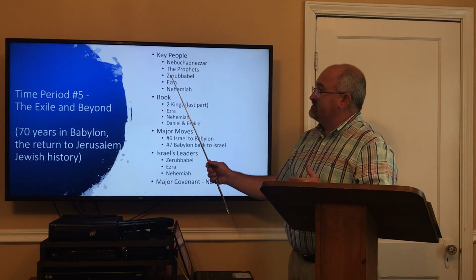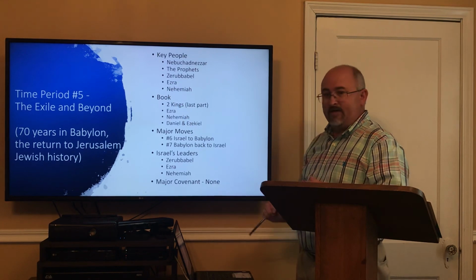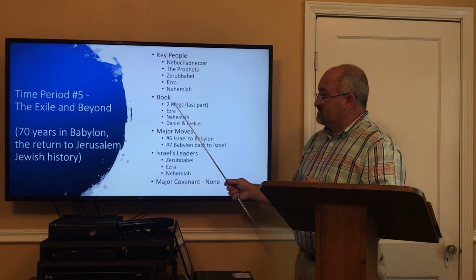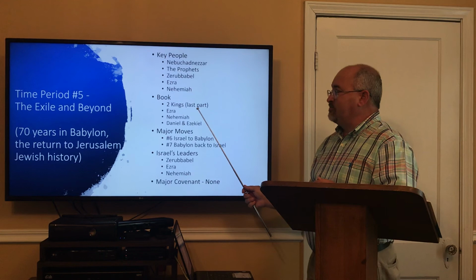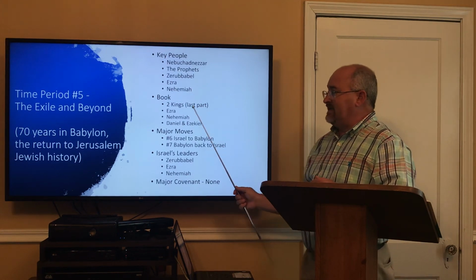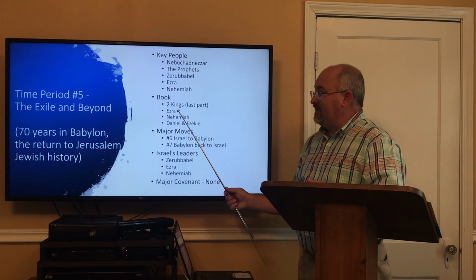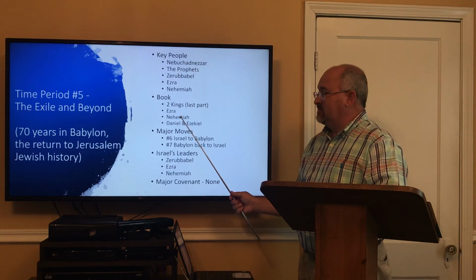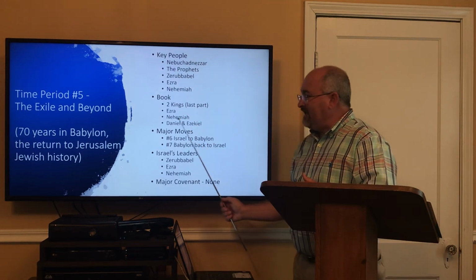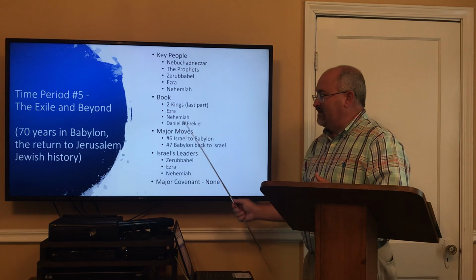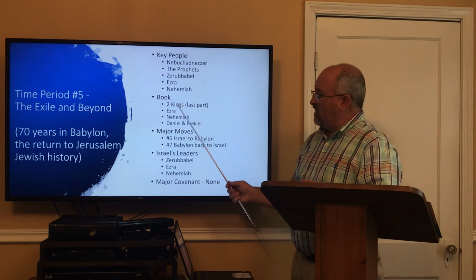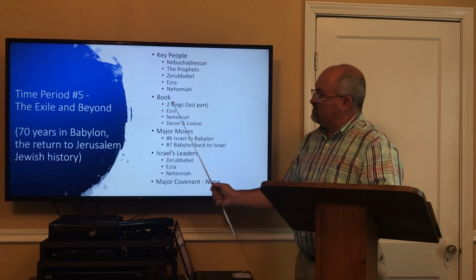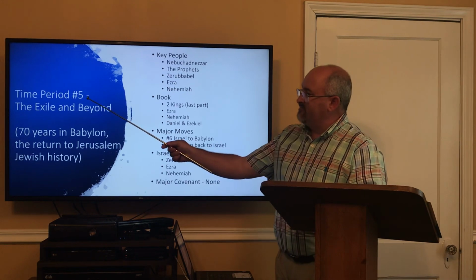But key people: Zerubbabel, Ezra, and Nehemiah. Okay? The books: 2nd Kings, the last part of 2nd Kings is when they were taken captive to Babylon. And then the return: Ezra, Nehemiah. And then while in Babylon, Daniel and Ezekiel. So in all of these books, you'll find time period number 5.